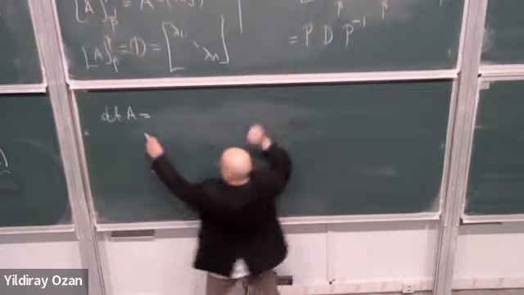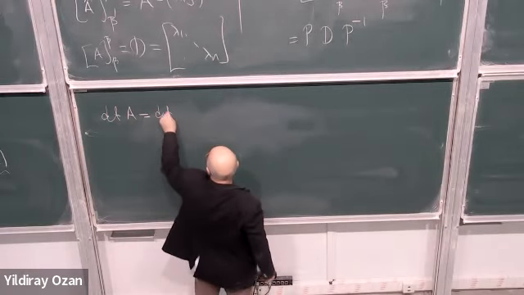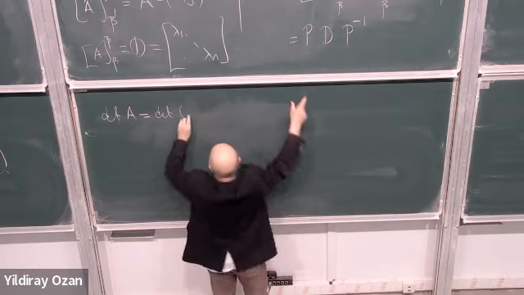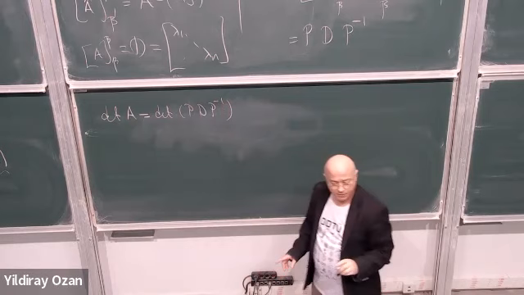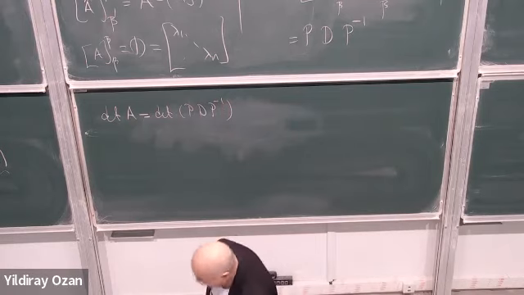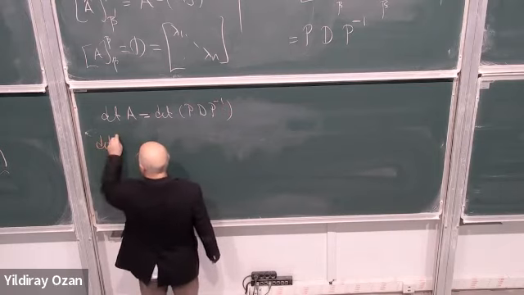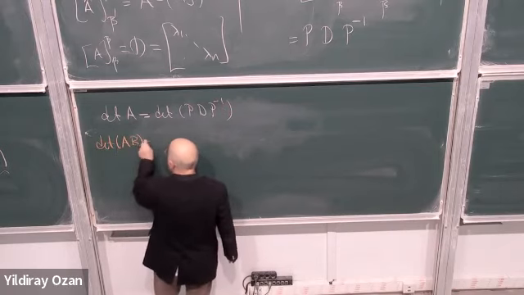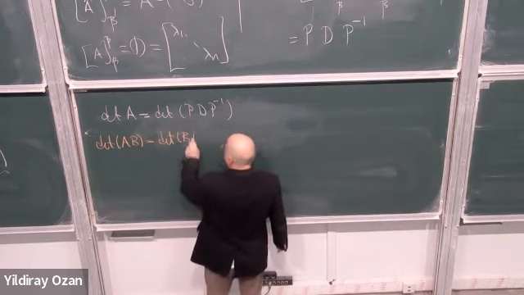And the determinant of A as a matrix is just the determinant of what? A is just P, D, P inverse. But from the properties of determinant, we know this: the determinant of a product of two matrices can be written like this.